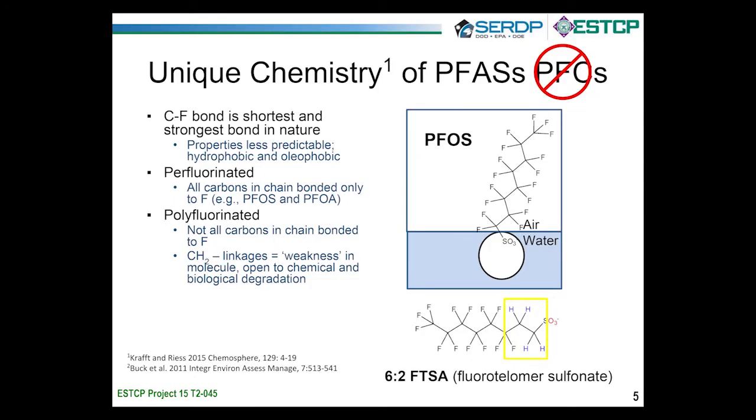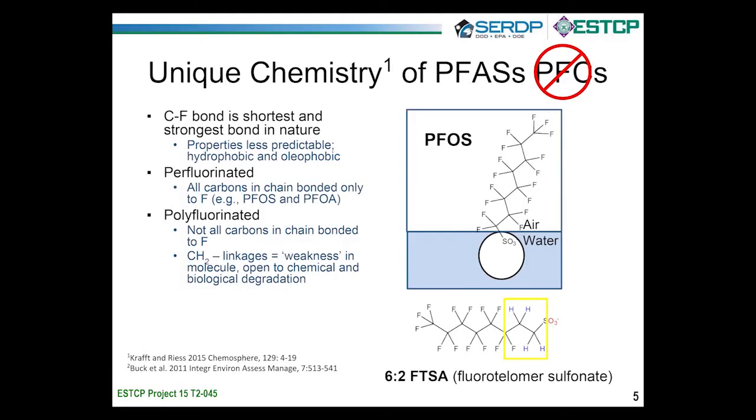And so this is why we're advocating a change or an awareness in terminology. If you look at the perfluorinated term, it really means something quite specific. But if you go to the molecule in the lower part of the page, this is another chemical that's found in mixed situations where we have aqueous film forming foams, which is the subject of today's webinar. And you see that this fluorotelomer sulfonate has a different attribute. There's 2 carbons that have blue hydrogens on them.